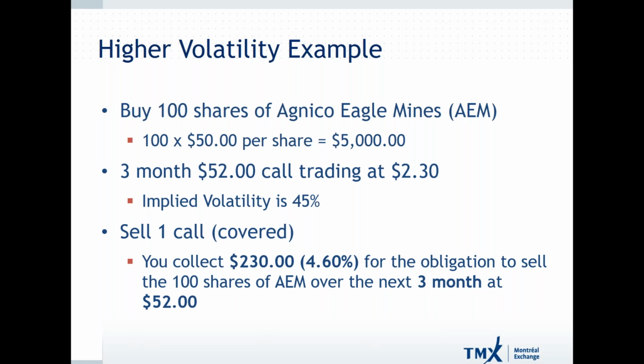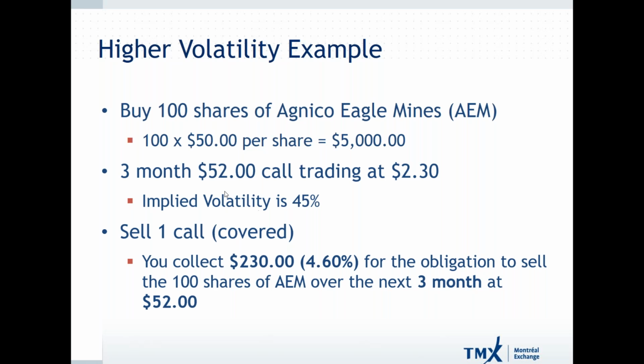So you've got to recognize again, 0.5% here, 0.5% there, that all adds up. So just understand that when implied volatility increases, we can then sell option contracts and generate a greater rate of return for our efforts.